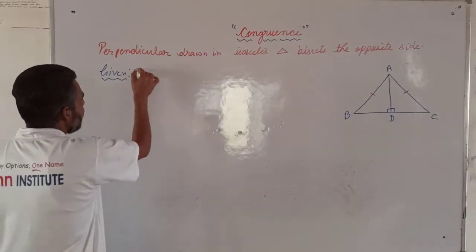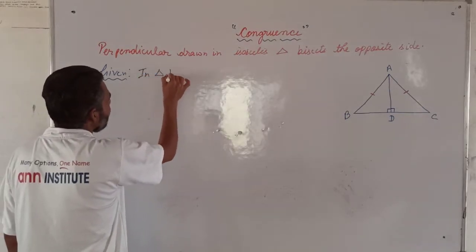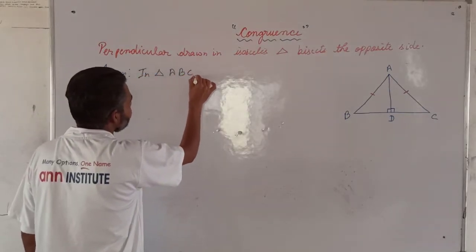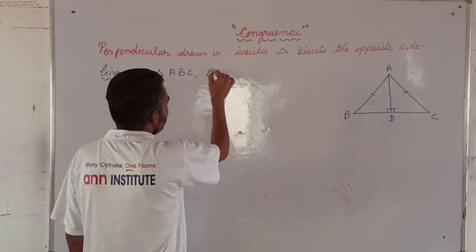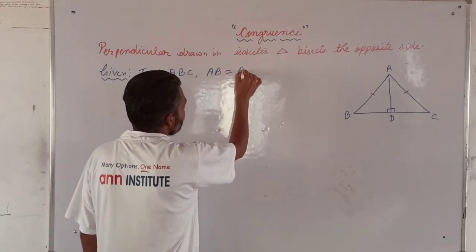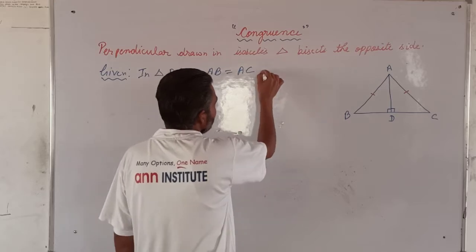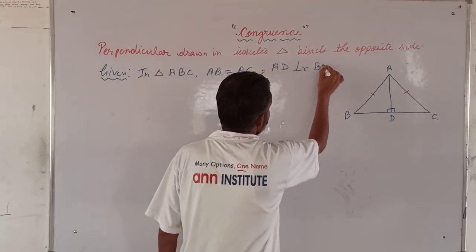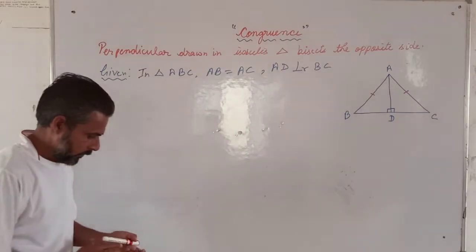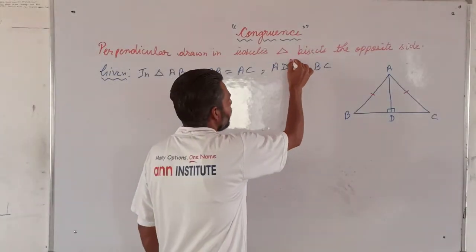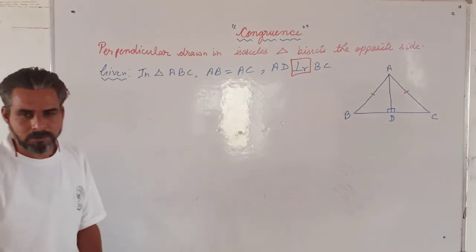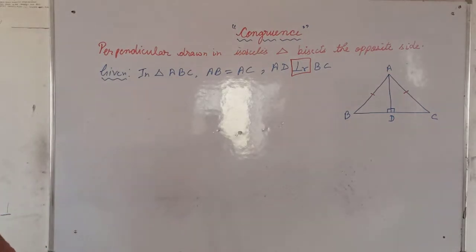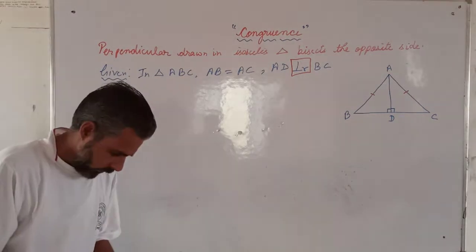So what is given in triangle ABC? AB is equal to AC and AD is perpendicular to BC. Now this is the sign of perpendicular. AD is perpendicular to BC.